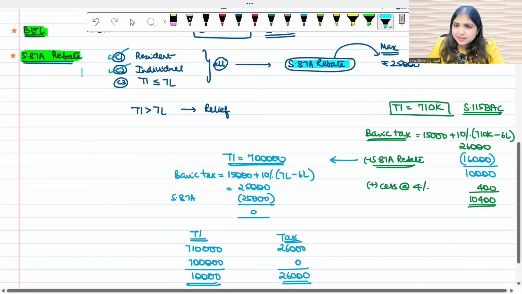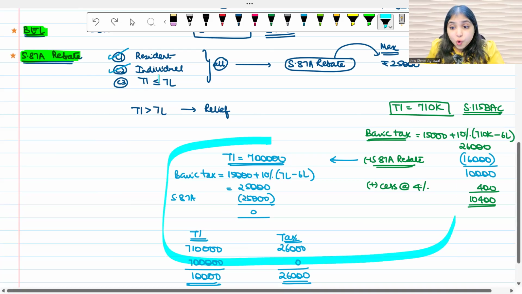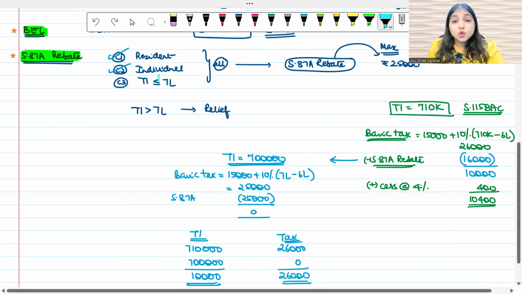All right, so 87A rebate is a slightly different calculation in 115 BAC. Normal 87A rebate is 25,000 up to total income of 7 lakhs. But even if the assessee's income is more than 7 lakhs, even then you may get 87A rebate by doing this calculation. So something like marginal relief we have in 87A rebate under 115 BAC. But do you have all this even in the normal provisions of the Act? No. Normal provisions, total income up to 5 lakh, you will get 12,500 rebate.